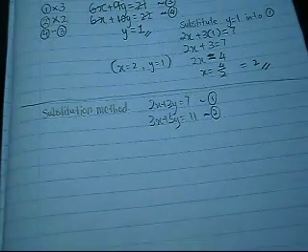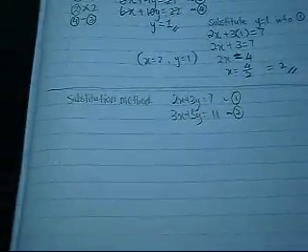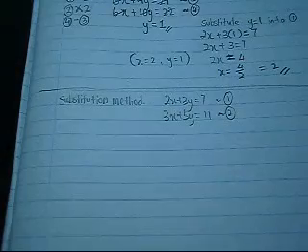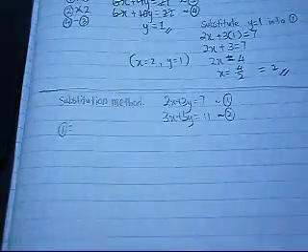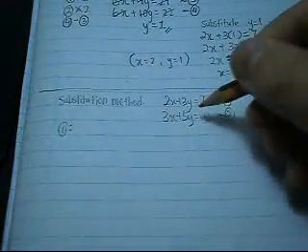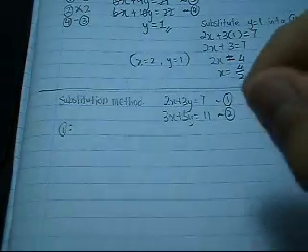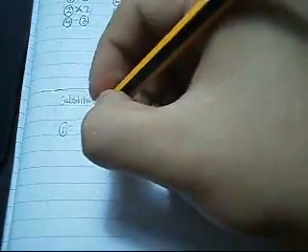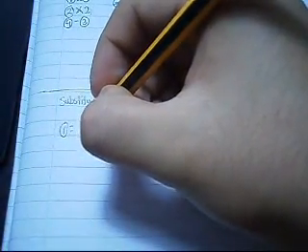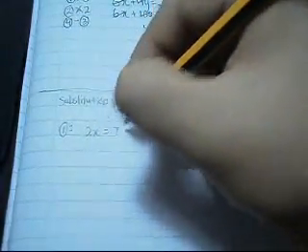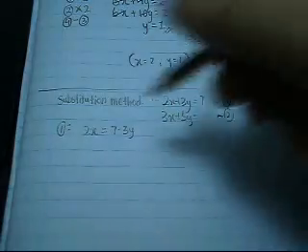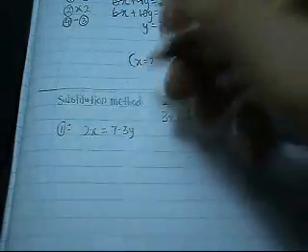So what do we do in this case? We take equation 1 and make x or y the subject. It goes like this: 2x equals 7 minus 3y.